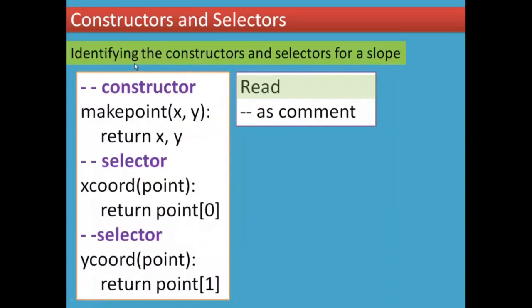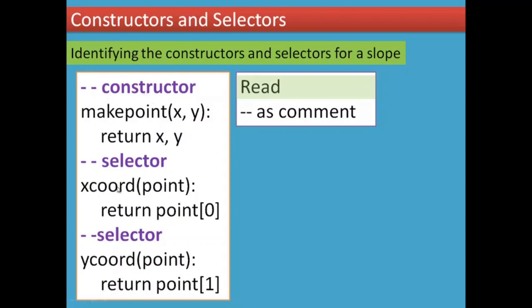Identifying the constructors and selectors for a slope. Here another example is given. Hyphens are used to mention comments. Constructor: make point x comma y, returns x, y.